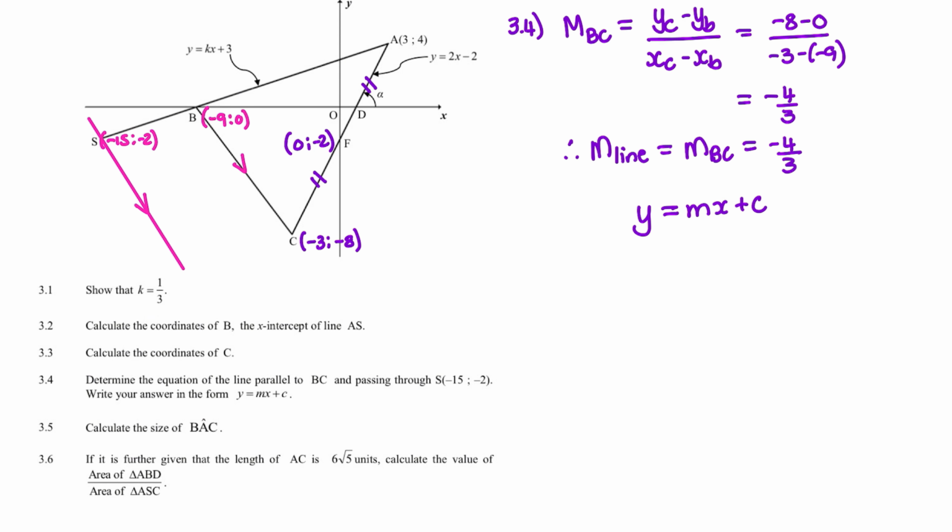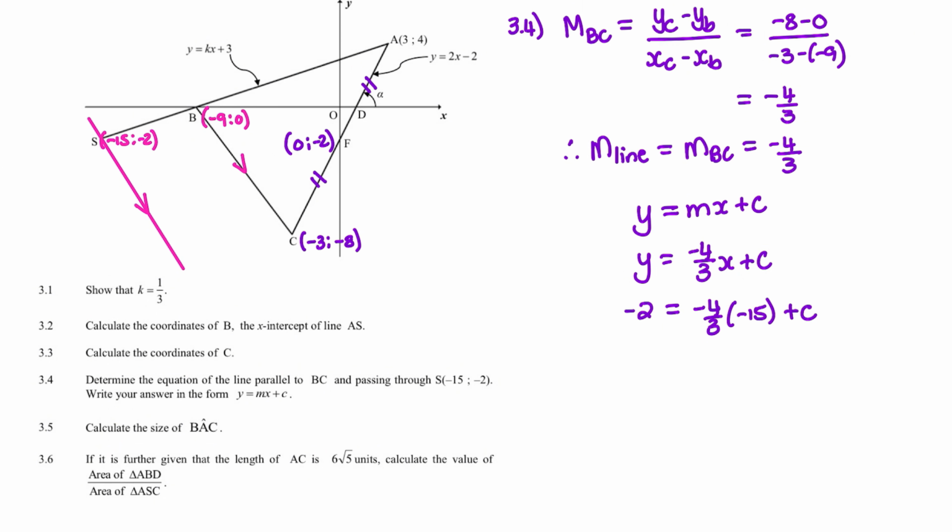So to find the equation of a line, I need to find the gradient and the y-intercept. We already have the gradient as -4/3. Now to find the y-intercept, we will substitute the point (-15, -2) into our equation. So y is -2, we have our gradient multiplied by -15, plus c.